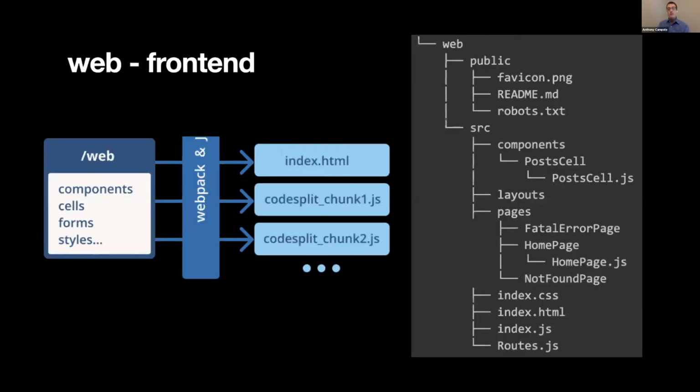If you've ever used Create React App, then this may look a little bit familiar. It has a public folder and a source folder, and your source folder has an index.html and index.js. So you're going to have a root component that's going to be loaded into your HTML div like you would with most single page applications.